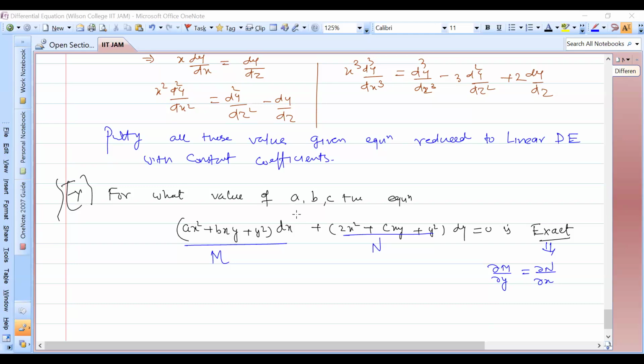Done. What is the value? B is 4, C equal to 4. Sorry, B equal to 4. Del N by del x is 4x plus cy.